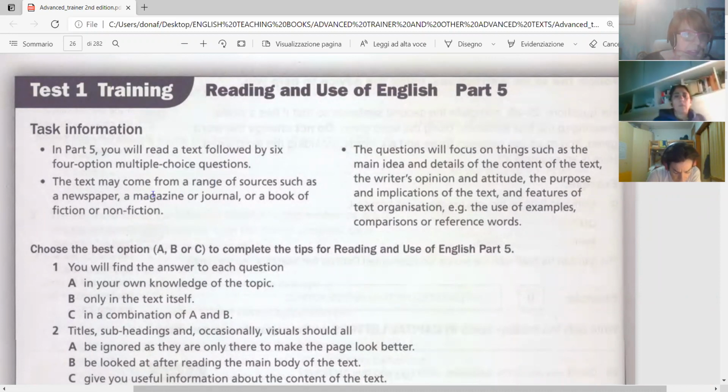The text may come from a range of sources such as a newspaper, a magazine or journal, or a book of fiction or non-fiction. The questions will focus on things such as the main idea and details of the content of the text, opinion and attitude, the purpose and implication of the text, and features of text organization, etc. The use of examples, comparisons, or reference words.